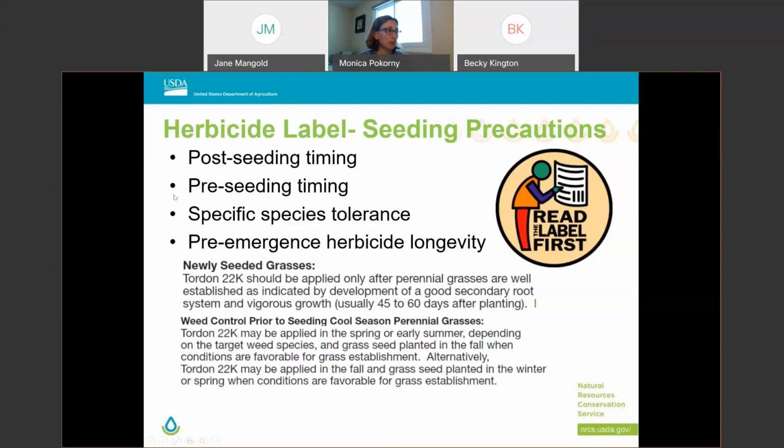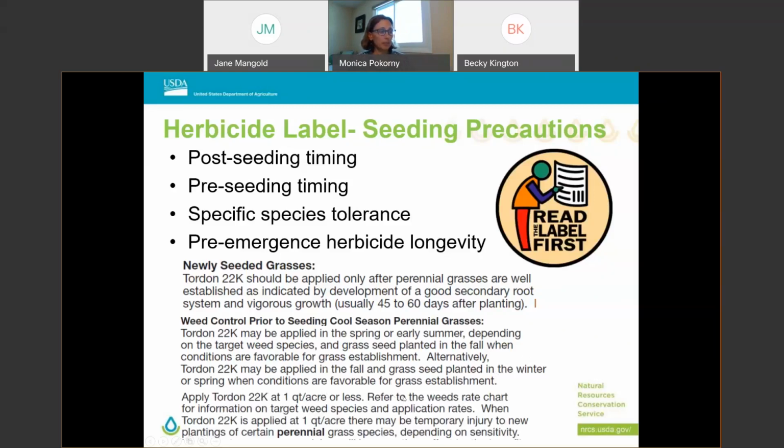If you're using herbicides before seeding, you also need to use the precautions on the label. So for example, this label is suggesting that you might apply the herbicide in the fall and the grasses be planted in the winter or the spring. So that would be a winter dormant planting or the next spring.